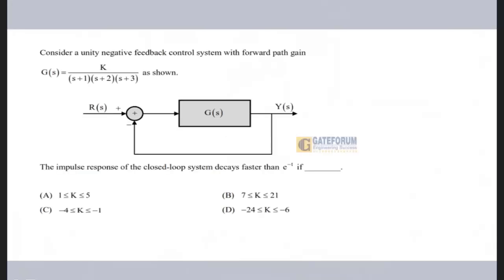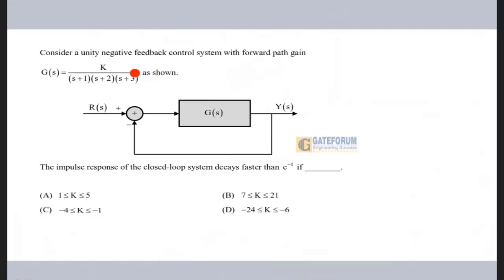Hello students. This particular question was asked in control system in the GATE 2024 ECE paper. Here they're asking, consider a unity negative feedback control system with the forward path gain G(s) given as K by (s plus 1)(s plus 2)(s plus 3), as shown.